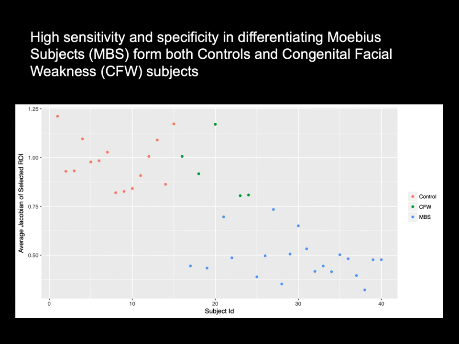But second question, this is the average Jacobian of a selected ROI. Where are these ROIs coming from? Because your Jacobian is a voxel-wise measure. What does it mean in ROI here? You're right. You will be an excellent reviewer because you would chase me. No, yeah. These are actually the details of the study. We started with a voxel-wise analysis in a subgroup of Möbius subjects that have the pure pathology, okay?